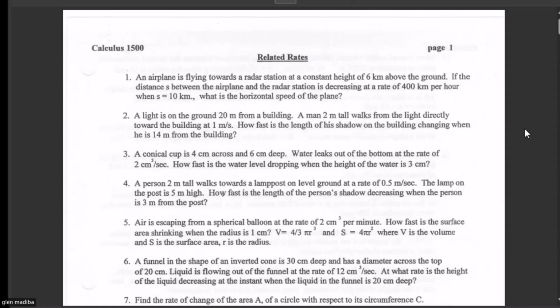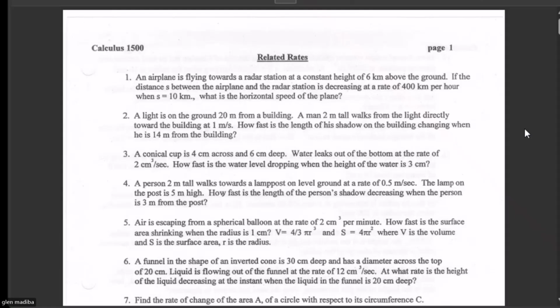So I have the airplane drawn, and then I have the radar station that's 6 kilometers away from it. Well, 6 kilometers above the ground. Then between the airplane's position and the radar station, they told us 10 kilometers, and it's traveling at 400 kilometers per hour.